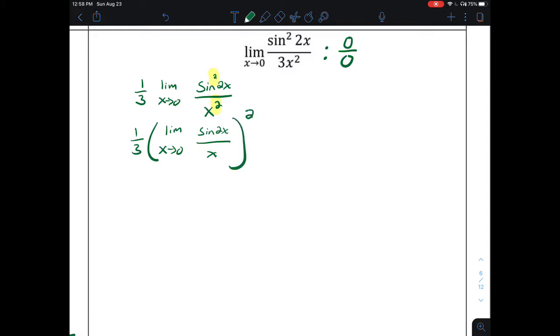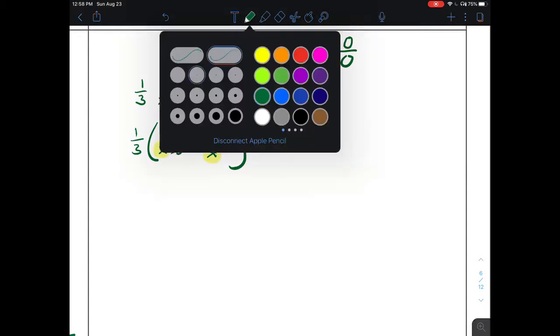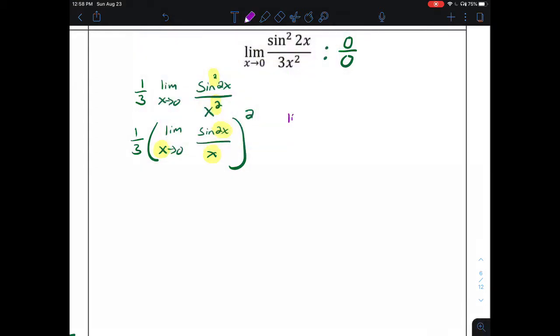So now our focus is on the very inside, where I can see I'm getting ready to use that sine limit. So I need what's inside of sine to be the quotient and to also be what is approaching 0. So we're trying to use this limit as an angle is approaching 0 of sine of that angle divided by that angle. That's the limit we want to use. So in order to do that, I'm going to have to do some algebraic adjustments.